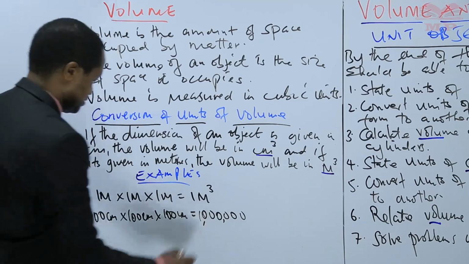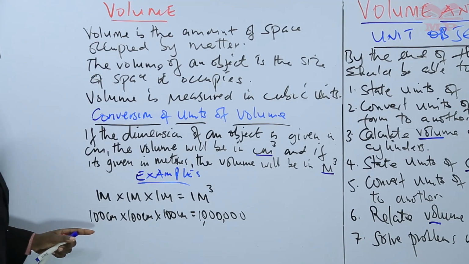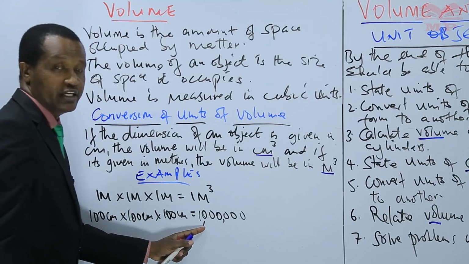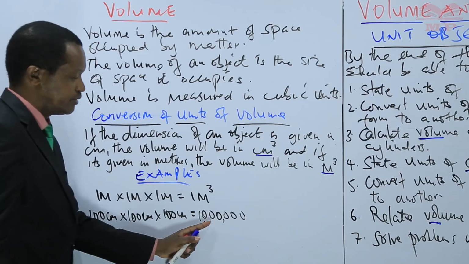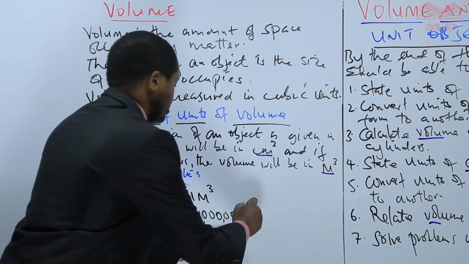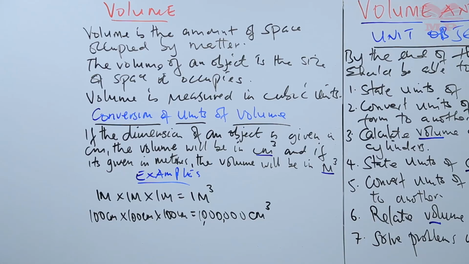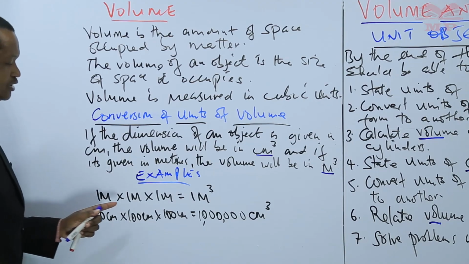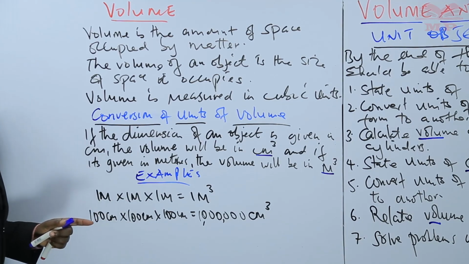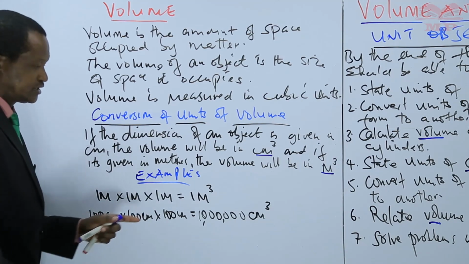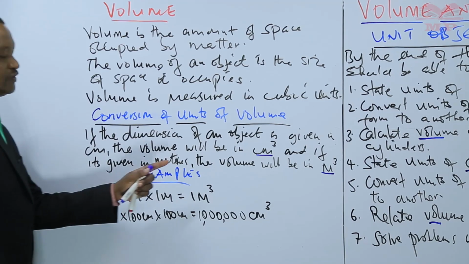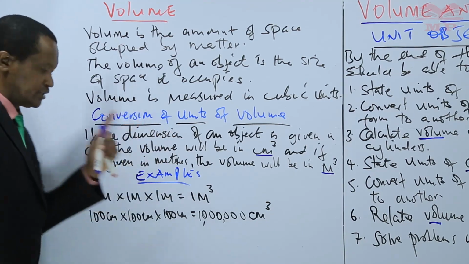So this will be equal to 1 million. These are 6 zeros. 1 million cubic centimeters. So if you have an object measuring 1 meter by 1 meter by 1 meter, then in cubic meters that will give us 1 cubic meter.